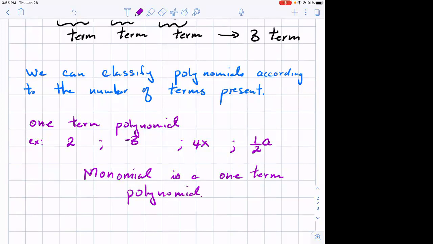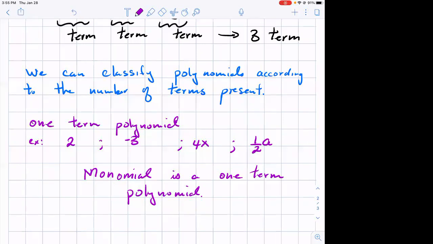Yeah. So the polynomial is the general name. It's like if we're in a class, I can say the students of this class. But if I want to call out only one person from the class, then I'll call you by name, right? For example, Tom is one student of that class. So polynomial refers to the entire group. So monomial is a one-term polynomial.